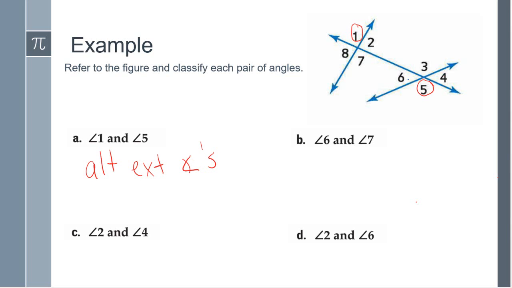Okay, so 6 and 7. Okay, so here's the transversal. Always refer to the transversal. They're on the same side of the transversal, right? And then they're both on the interior, right? On the inside of the two lines that are cut by the transversal. They're on that, it would have been the green area on that last example, right?